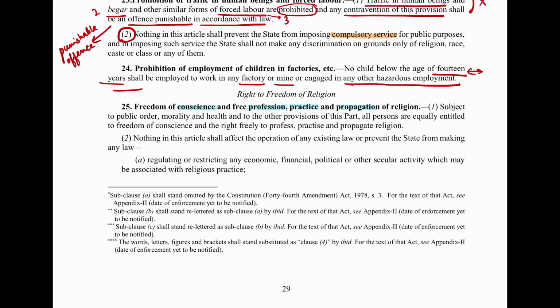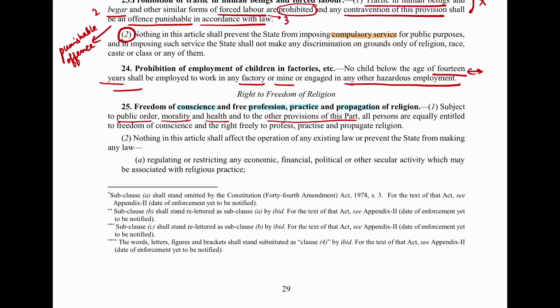The first thing that is covered here is that, subject to public order, morality and health. Now notice here, what are the conditions that they have given you in the Constitution? Public order, morality, health. And a fourth provision, apart from these three, is other provisions of this part.